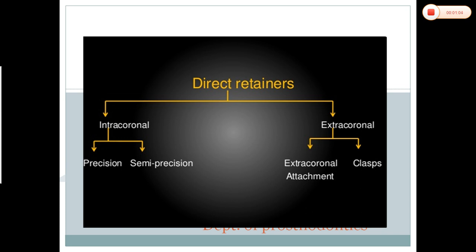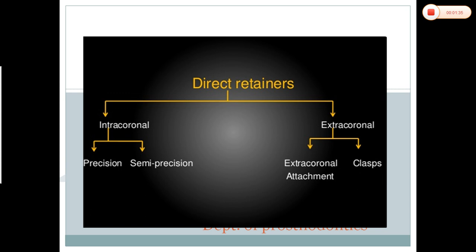So, when the direct retainer is positioned on the outside of the clinical contours of the tooth, they are known as extracoronal retainers. In the extracoronal attachments, these matrix and patrix components are positioned outside the tooth component, and they permit vertical movements during occlusal load.